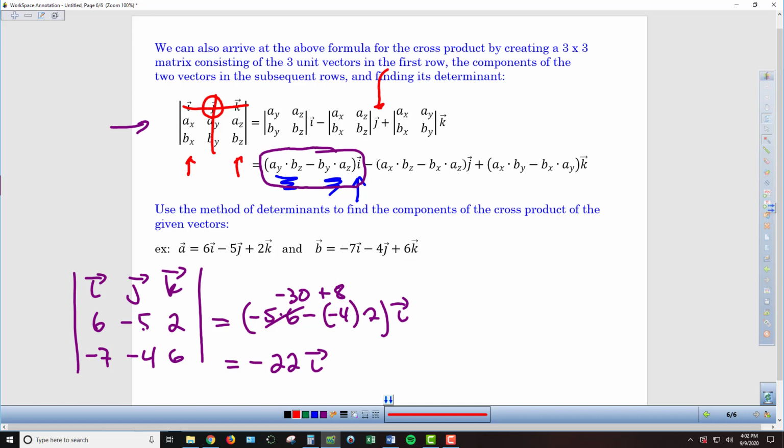I need to find the determinant of that remaining 2x2 matrix. AX times BZ is going that way, minus BX times AZ on the other diagonal product. I'm just subtracting those and then multiplying it times J.